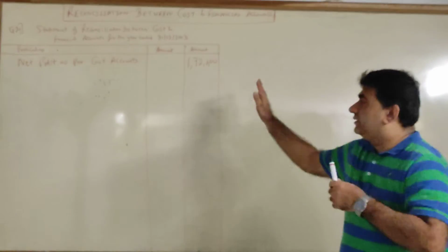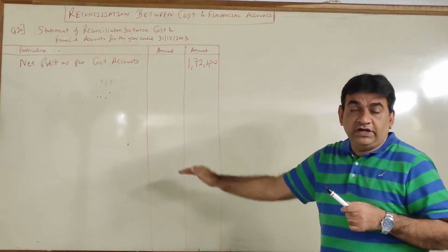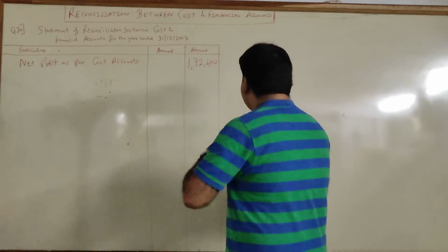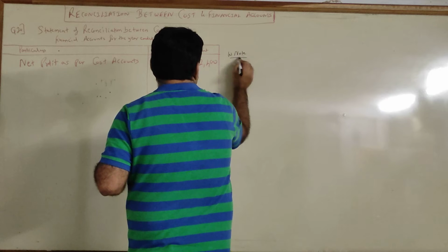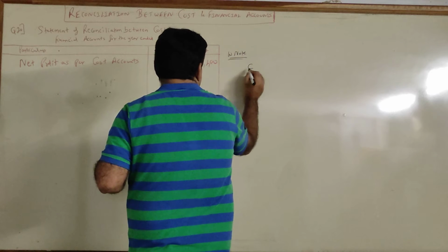Now listen, I am doing the working on the side, you will do it below the page. This will be a part of rough work, which we call the working note. I'll tell you what it is.